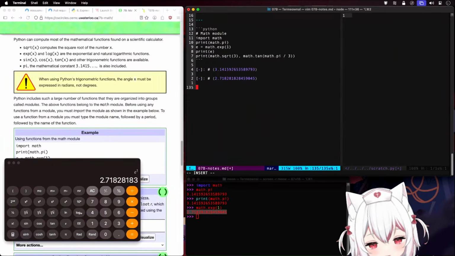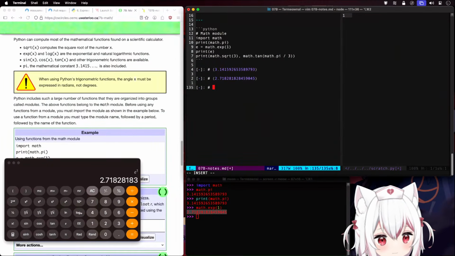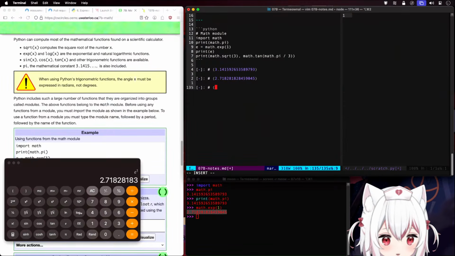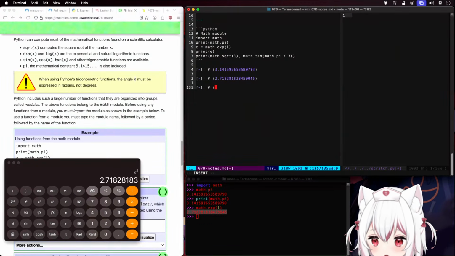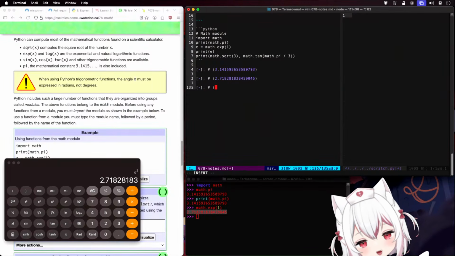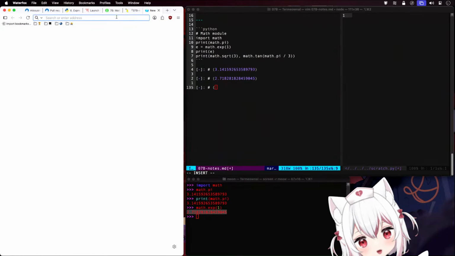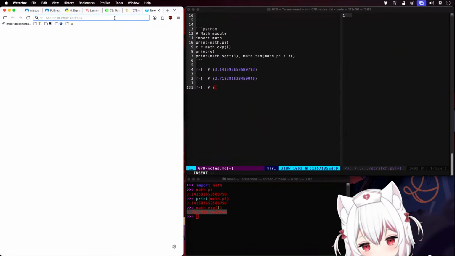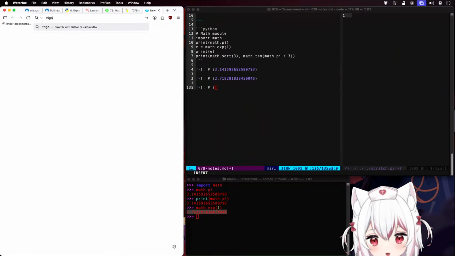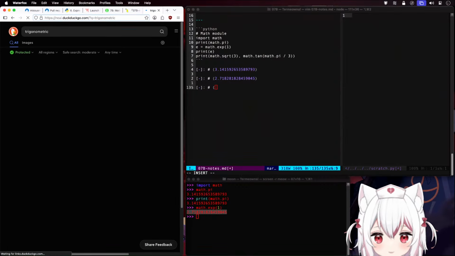And then, math square root of 3, tangent of pi over 3. This is some radian stuff. Man, I forgot. Feel like I should know that.